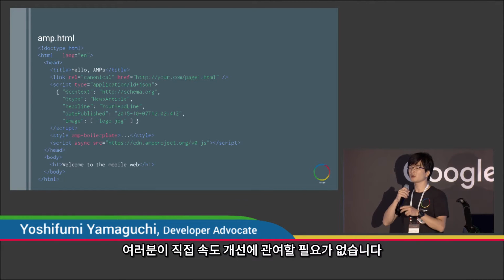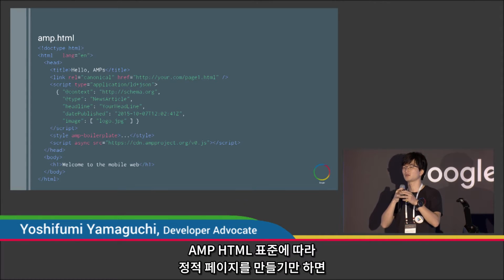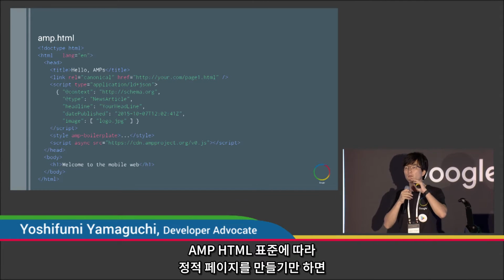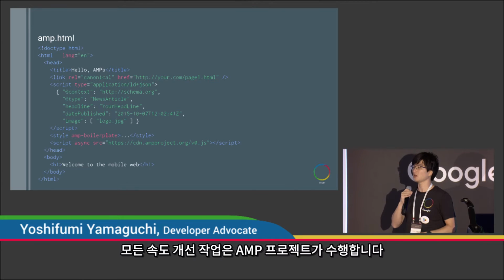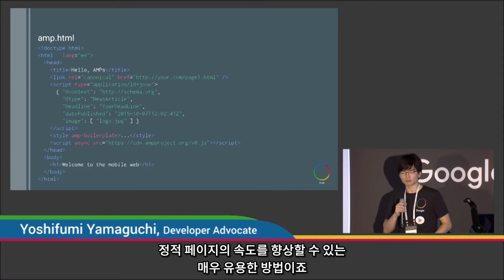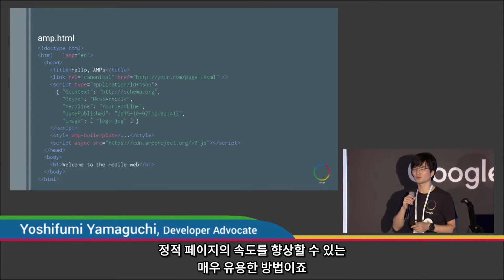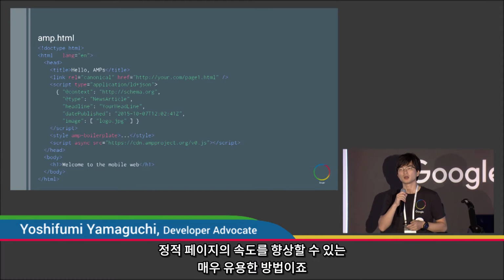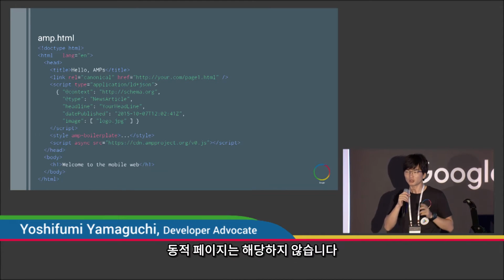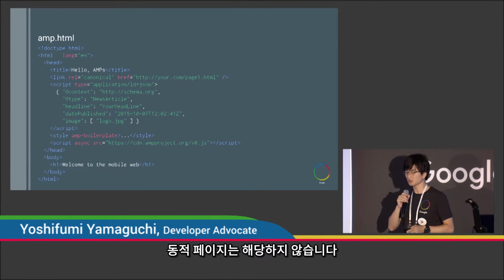You don't have to take care of any speed improvements by yourself. If you just follow the AMP HTML specs and make static pages, all the speed improvements will be done by the AMP project. So that is a really useful way to speed up the static pages, not the dynamic pages, but static pages.